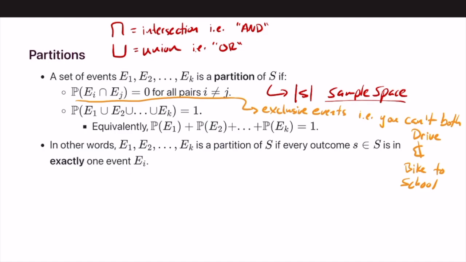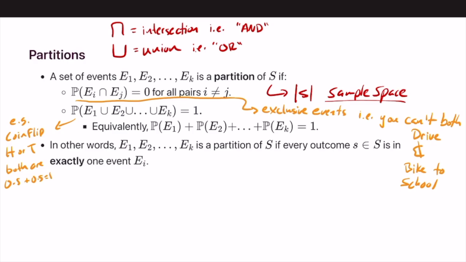This would be like, for example, flipping a coin. Flipping a coin can either be heads or tails, and if it's a fair coin, both are 0.5, plus 0.5, which equals 1.